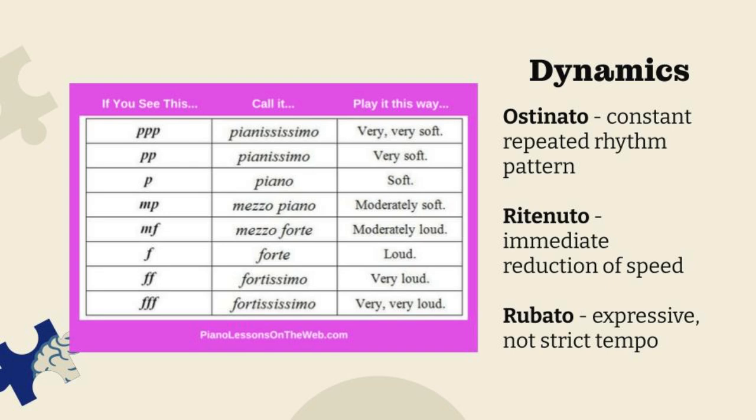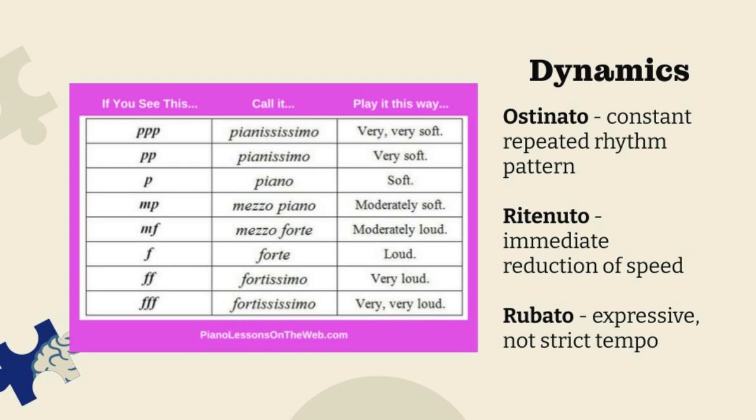Going up from the very softest, PP, softest P. Moderately soft, mezzo piano, moderately loud, mezzo forte, loud, forte, very loud, double forte, very, very loud, triple forte. There's also the technical names on there.